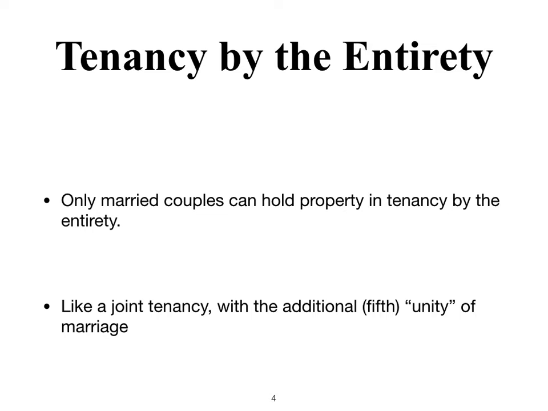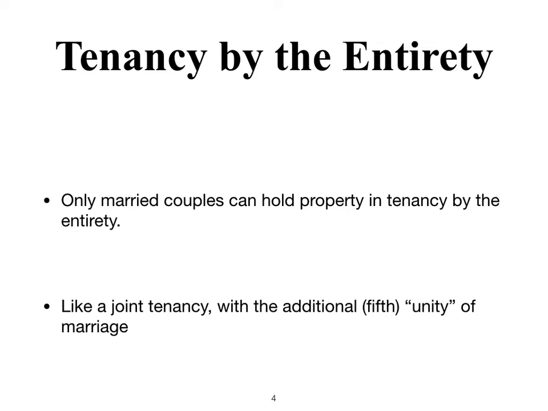So a technique developed called the use of a straw person. To avoid this technicality, A could convey Greenacre to C, and then C would convey the land to A and B as joint tenants with right of survivorship. So it involved conveying it to C, who was just going to turn around and convey it as joint tenants.